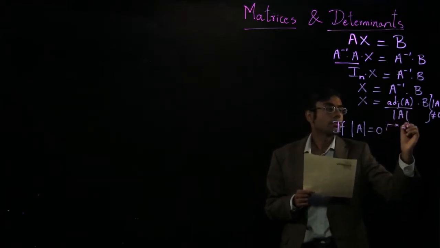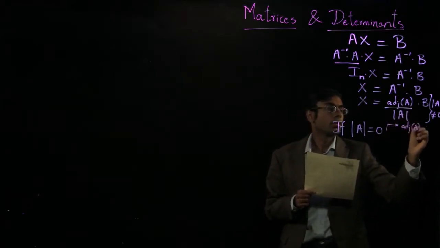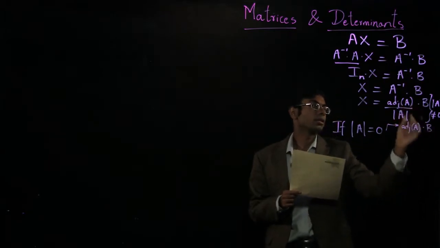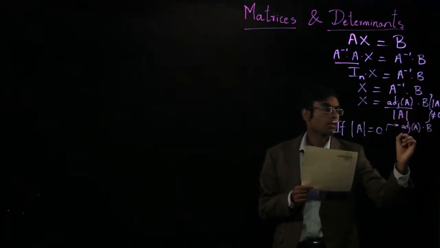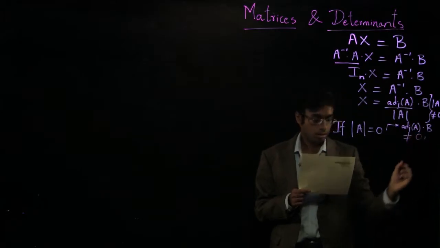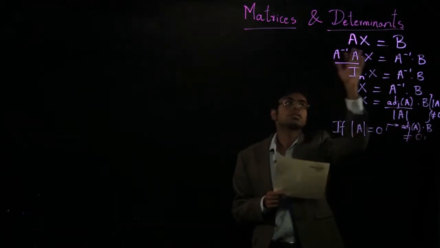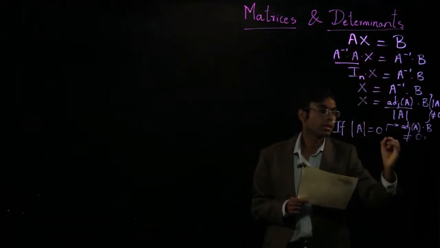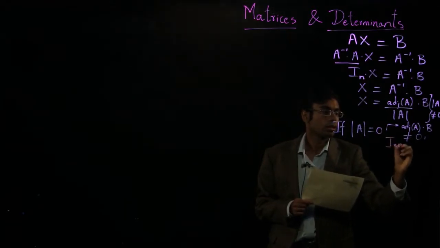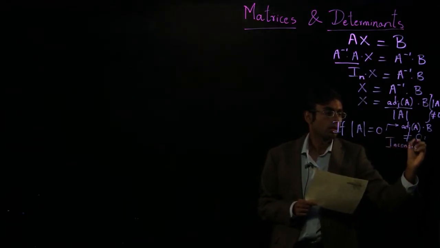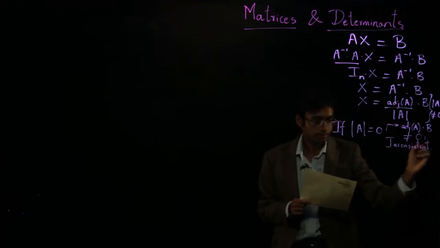If adjoint of A times b, if this product is not 0, this whole system of equations is inconsistent and it has no solution.